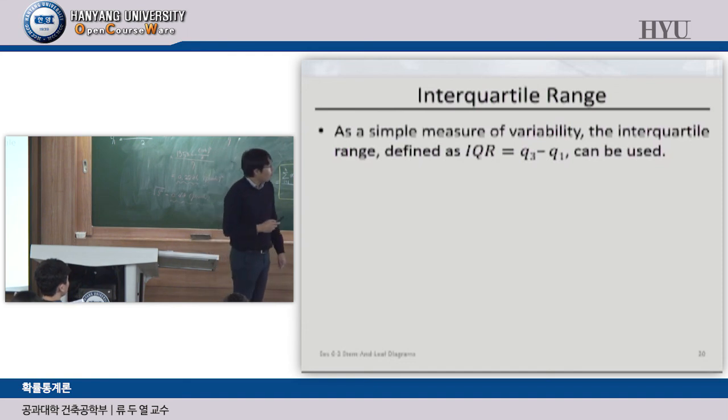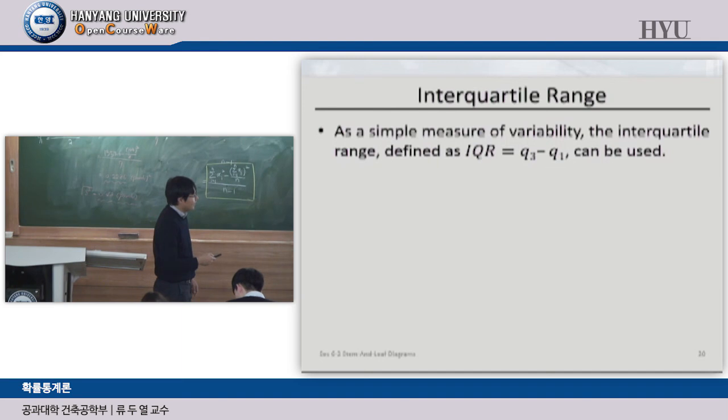As a simple measure of the variability, the interquartile range, defined as IQR, is equal to Q3 minus Q1.